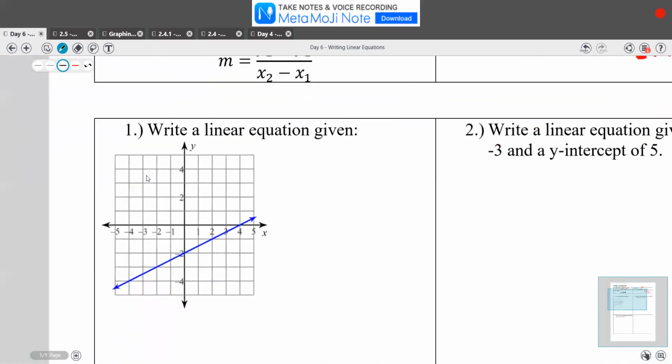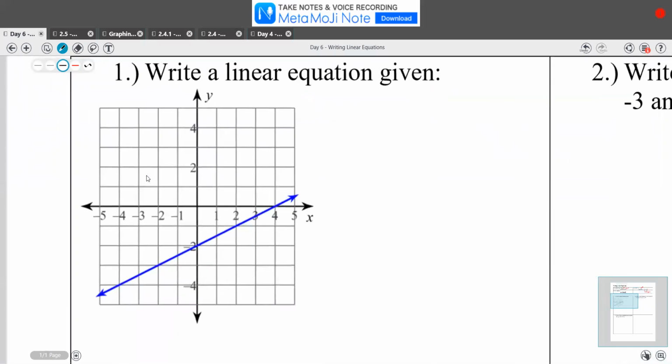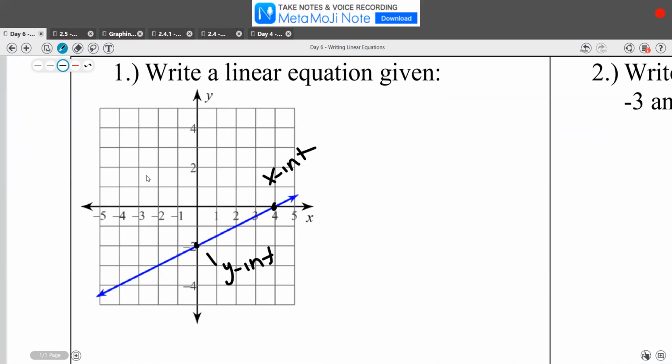All right, so if we take a look at number one, it's given as a graph, okay? Now, based on the graph, we can come up with a few things. For instance, that is our x-intercept, that is our y-intercept, and we can also bring out a point.